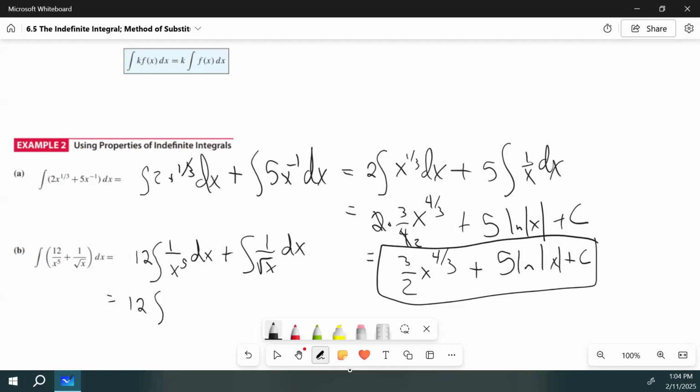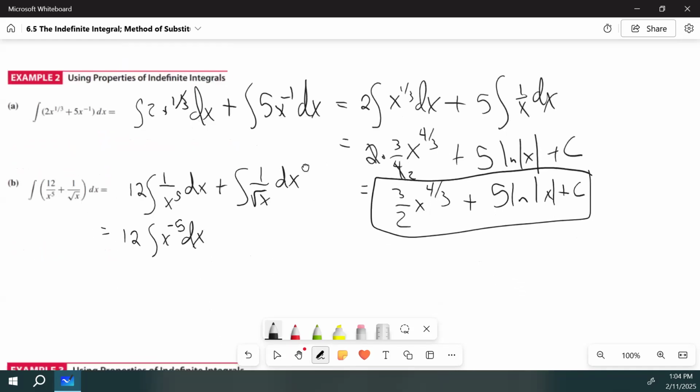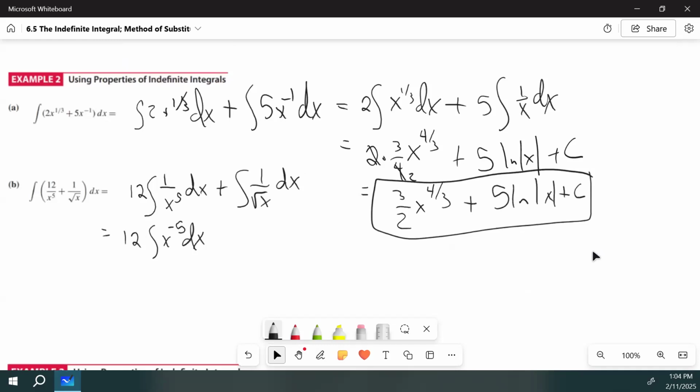The first one I'm going to write as x to the negative 5th dx, because I want to be able to use the power rule. And then the second one, remember the square root of x equals x to the 1/2. But since it's in the denominator, I'm going to rewrite it as x to the negative 1/2. So the new exponent here is going to be negative 4.